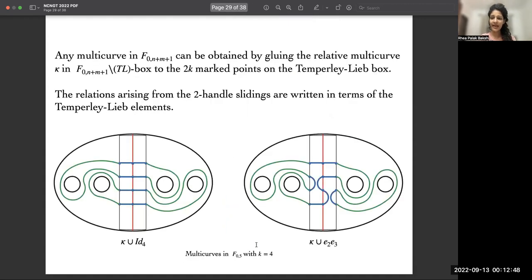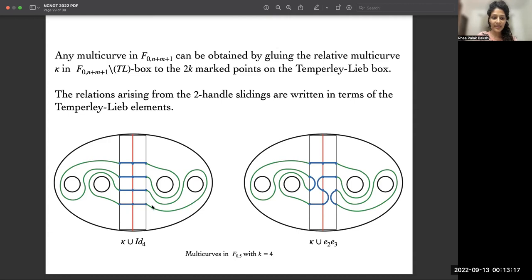And so we needed a nice way to represent two handle sliding relations for our calculations. And so what we did was that we managed to use the Temperley-Lieb algebra and the Temperley-Lieb elements as follows. We had a planar surface onto which we projected everything. We have our curve gamma. Then we embed our Temperley-Lieb box in a neighborhood of this curve gamma, and inside we have all of our Temperley-Lieb elements.